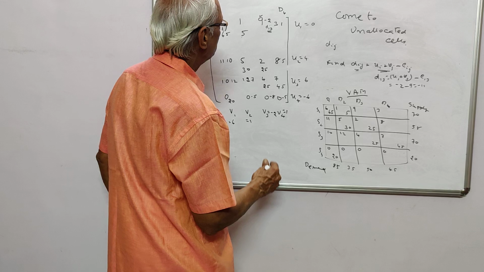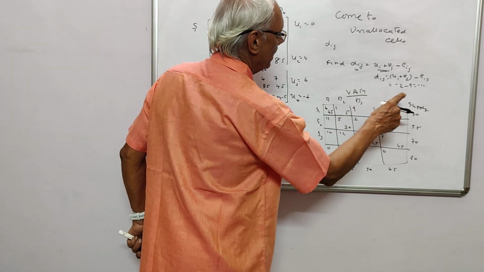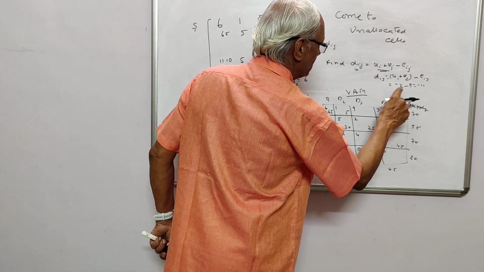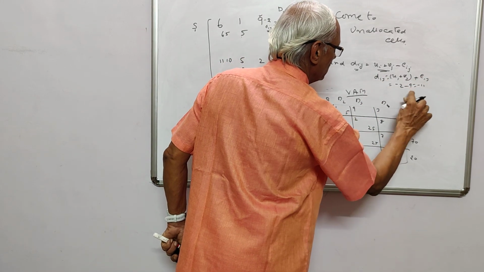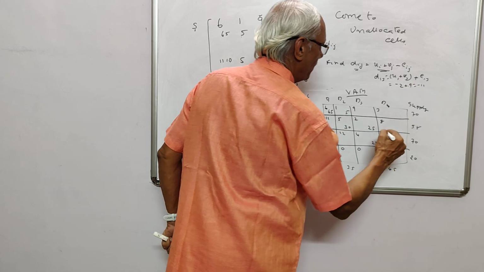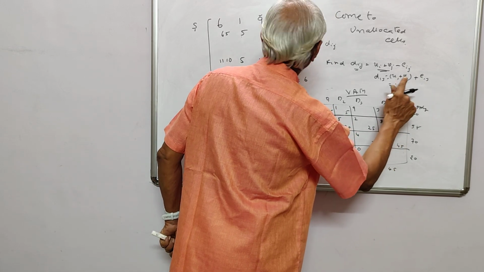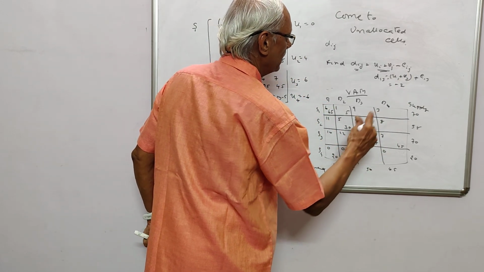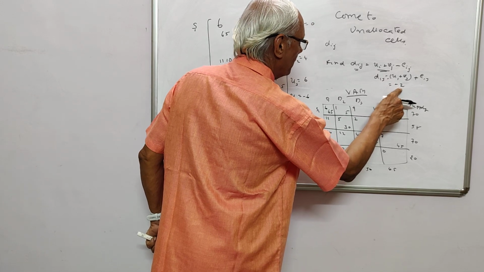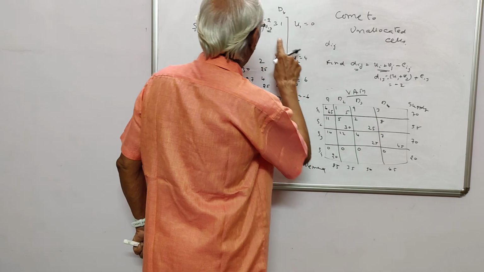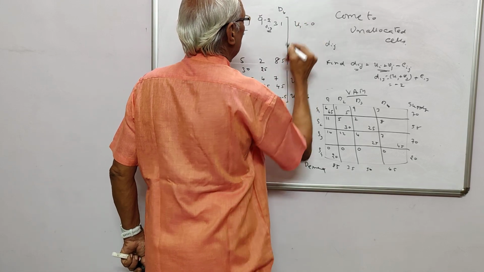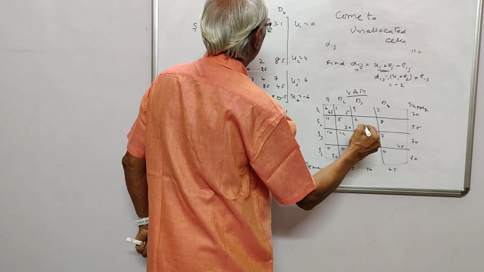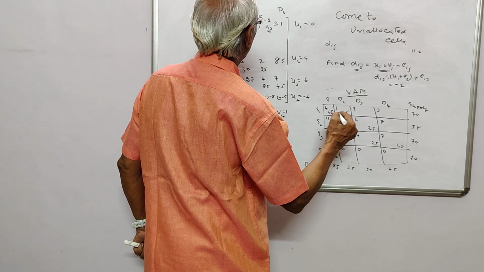It is Ui plus Vj. It is minus 2 and it is minus 2, you will add here, D13 will be 11.